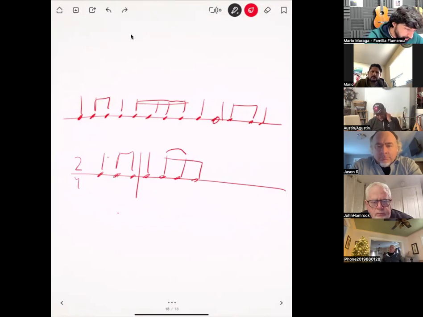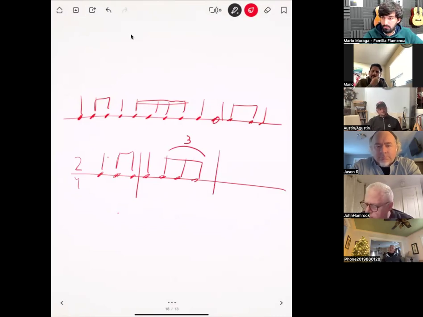But if we write it like this, the number three means that you have to fit those three notes into just one beat. Okay, so it's ti, ti, ti, ta, ti, ri, ti, ti, ti, ti, ti, ta.